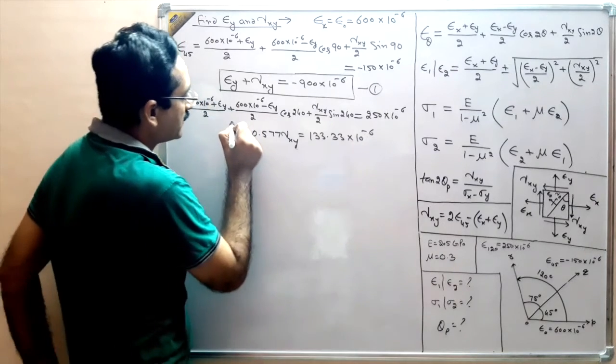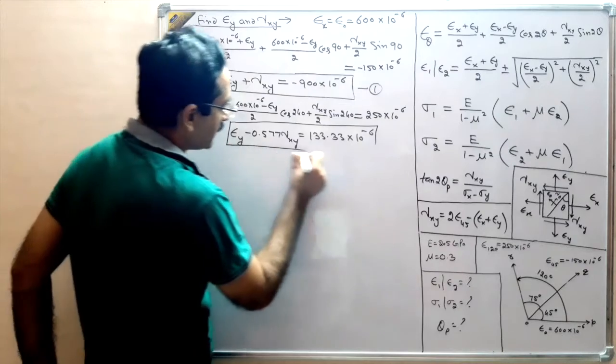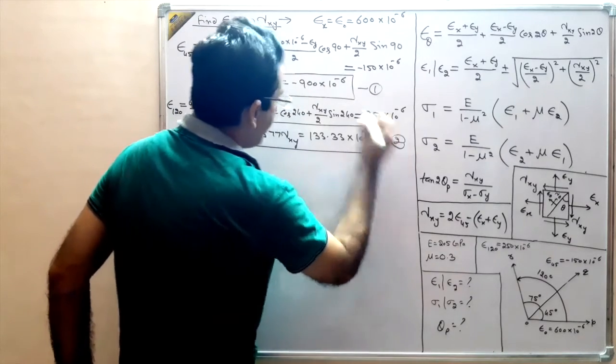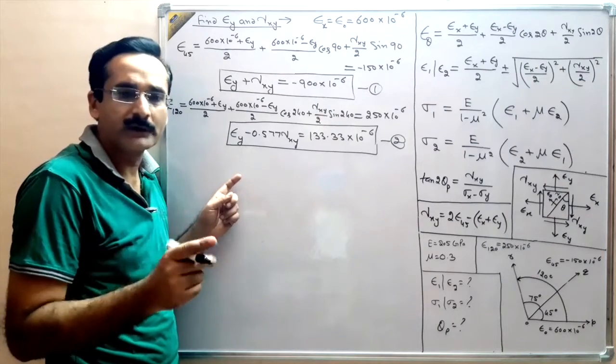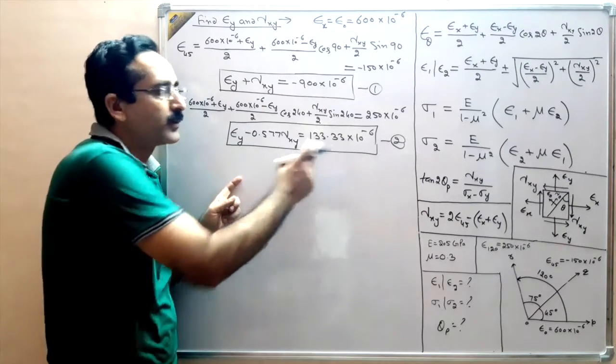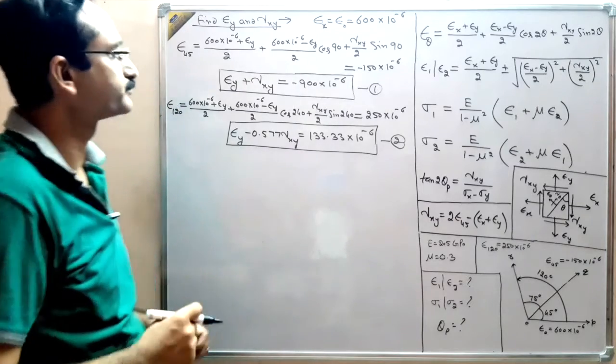This is the other equation for solving epsilon y and gamma xy. So these are the two equations.